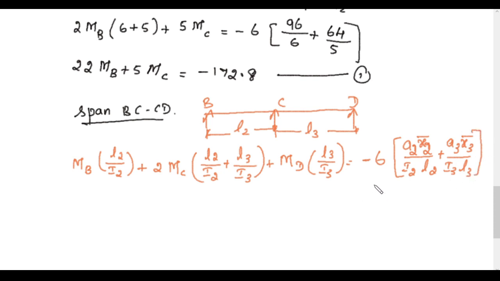The next term becomes 0 because there is no settlement, so we will stop with this if there is no settlement of supports.